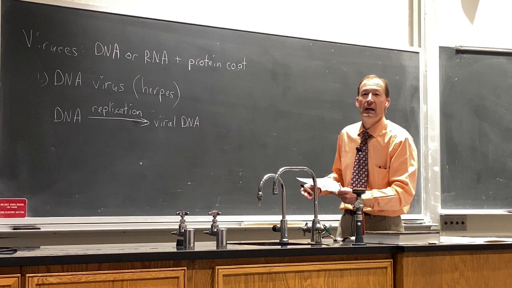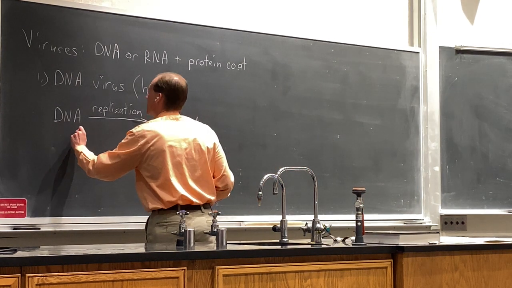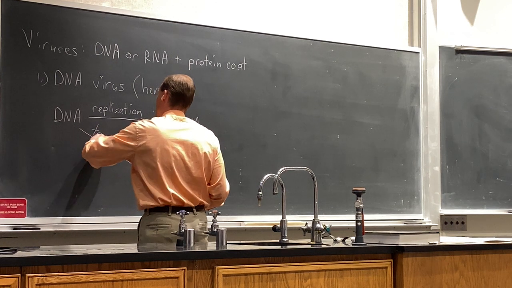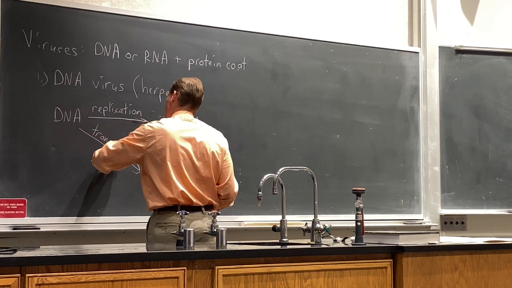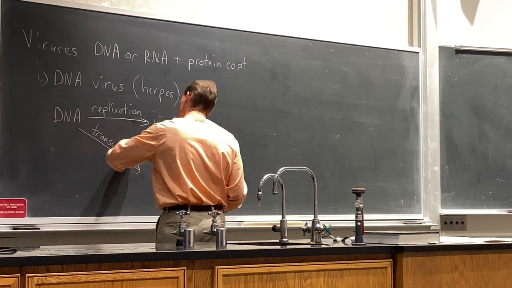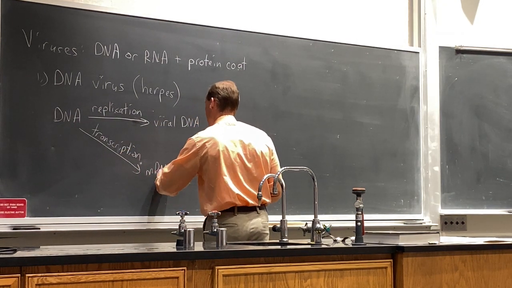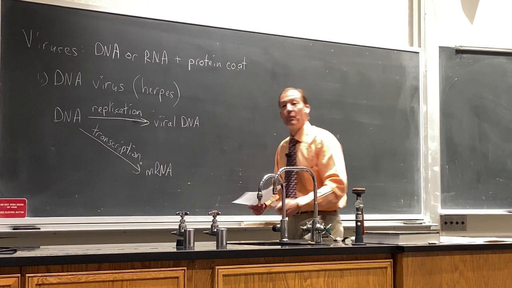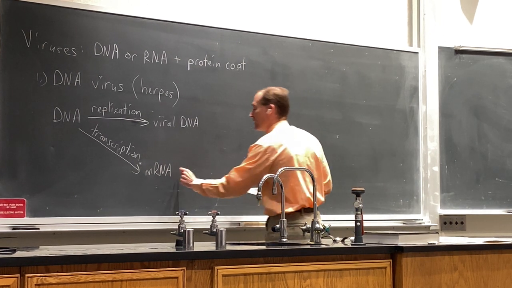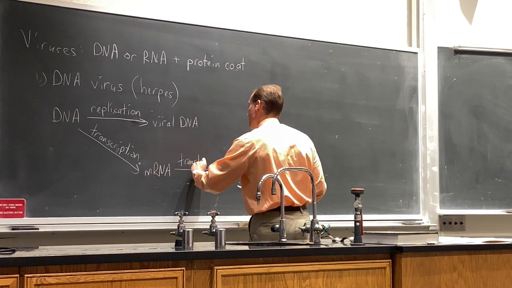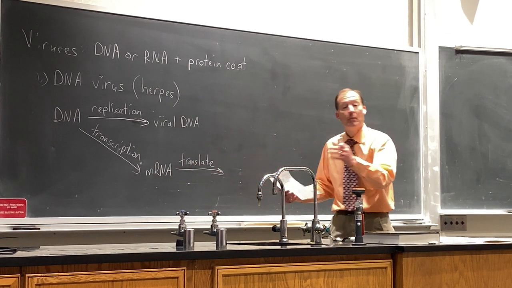And so the DNA from our DNA viruses is also going to undergo transcription to produce RNA, right, the messenger RNA. And then the ribosomes inside the host cell are going to translate that messenger RNA into the viral proteins.